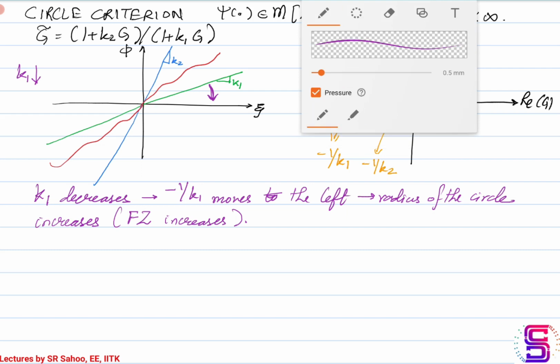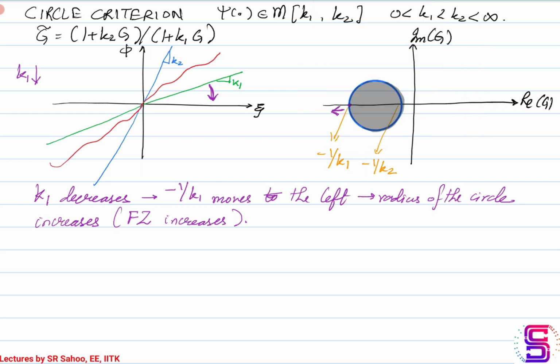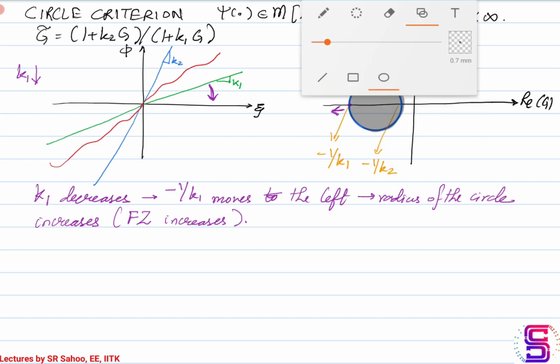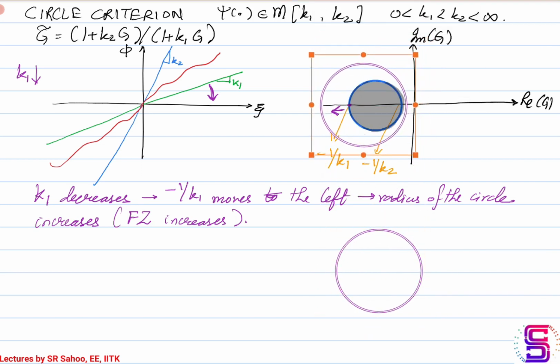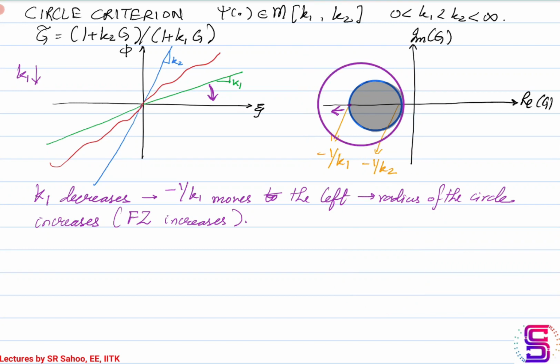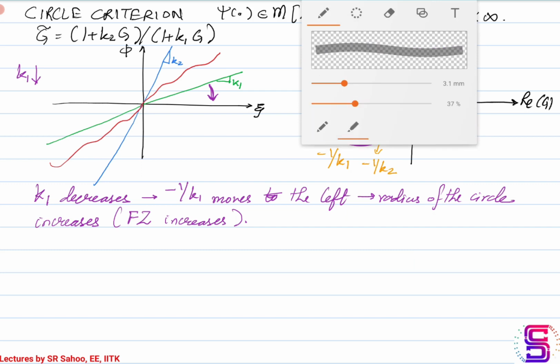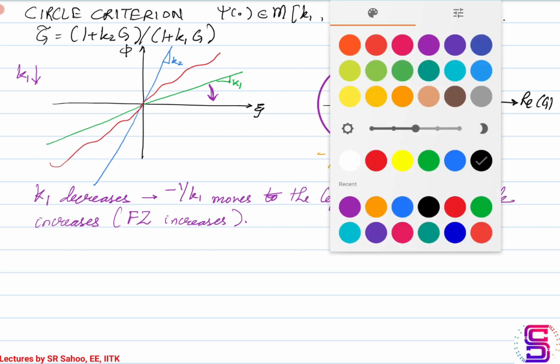Now things have changed, and what you have is essentially a bigger circle because k1 has now shifted. Please note that we are keeping k2 constant, so the k2 point is still there. Now you have a bigger circle, and hence the forbidden zone also has changed.